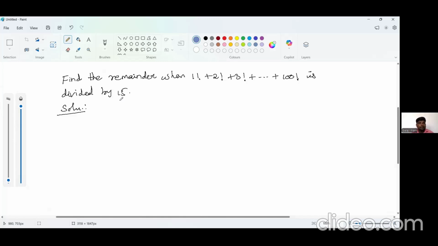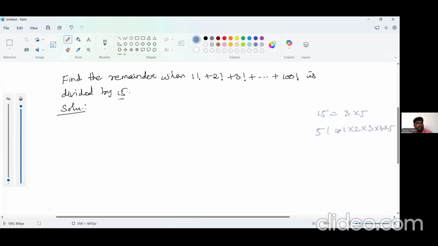The given number is 1 factorial plus 2 factorial plus 3 factorial and so on up to 100 factorial. I want to find the remainder when this sum is divided by 15. The divisor 15 can be written as 3 times 5. This 3 times 5 occurs in 5 factorial, which is 1 times 2 times 3 times 4 times 5.